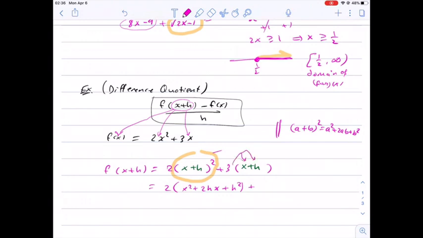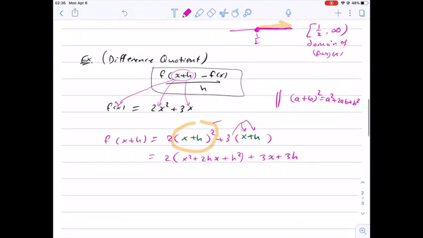Now we distribute 3 on this parentheses, so we have 3x plus 3h. Now distribute 2 on this expression inside the parentheses. We get 2x squared plus 4hx plus 2h squared plus 3x plus 3h.